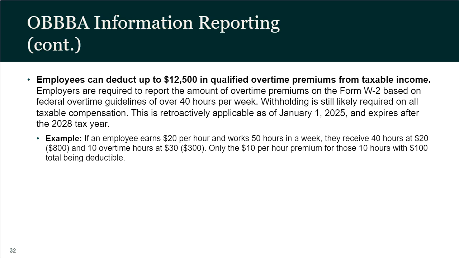B, for 2025, Forms W-2, 1099, and 941 remain unchanged. Employers should follow current reporting rules, but are encouraged to give employees the info needed to claim the qualified overtime deduction, such as a separate accounting of overtime pay. C, eliminate overtime premiums and replace with flat bonuses. Or D, file a separate IRS form for overtime premiums.